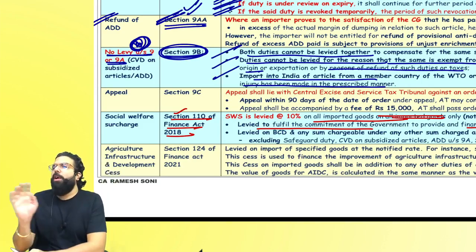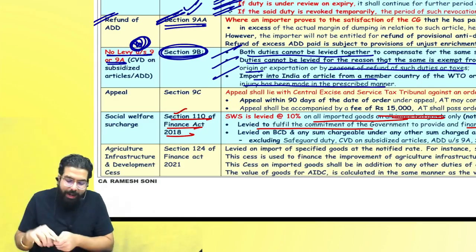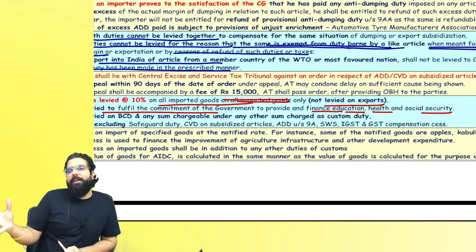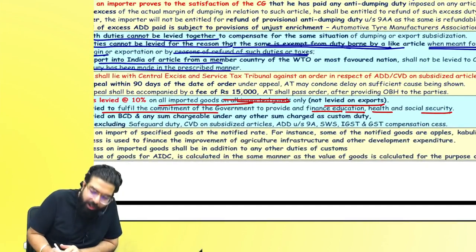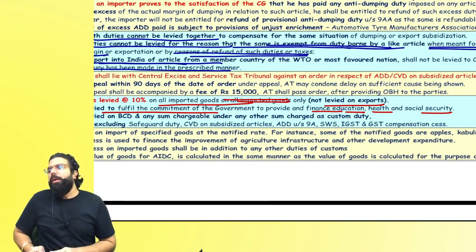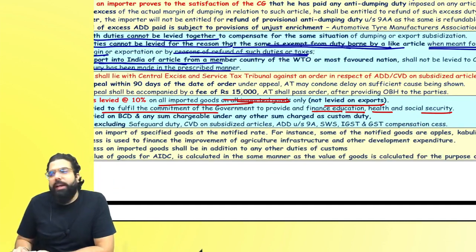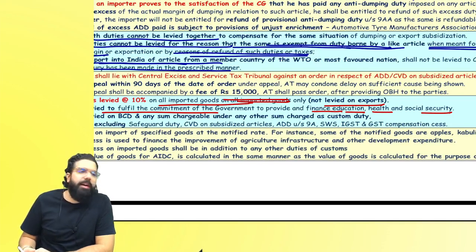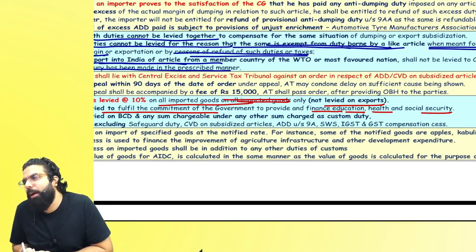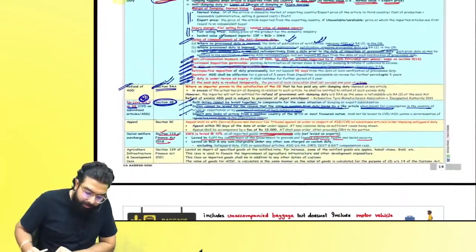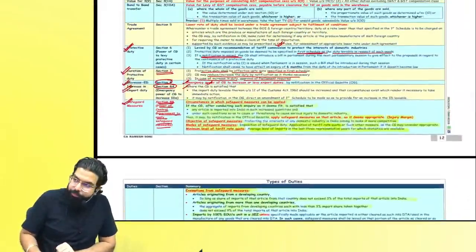Then both duties cannot be levied because the like article is exempted from the duty, or because refund of such duties is given in the origin country, or import of the article is from a member of the World Trade Organization or most favored nation. In that scenario you can't levy anti-dumping duty or CVD on subsidized article unless you determine the CVD or anti-dumping duty in the manner prescribed. Right, everyone? Everyone over here now.